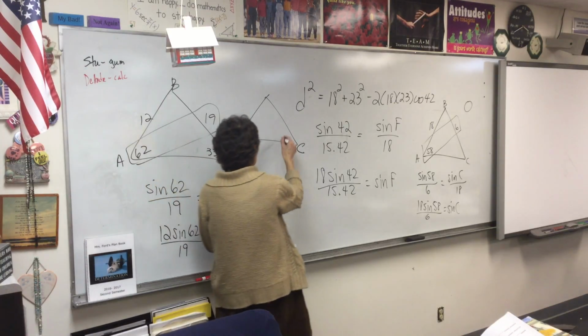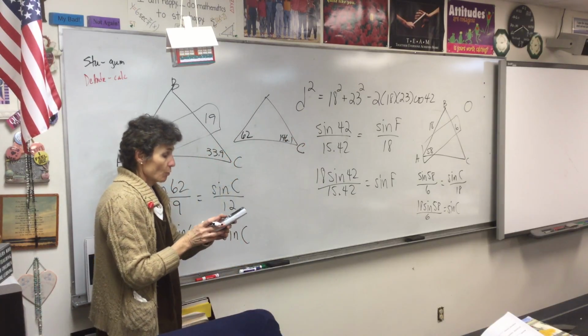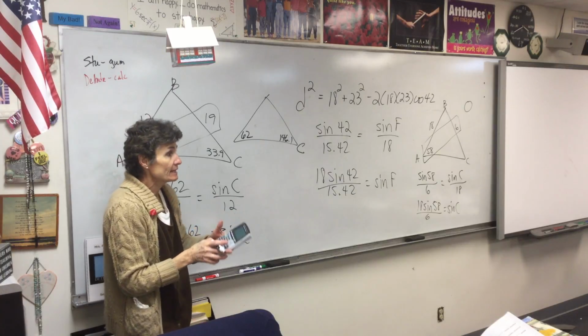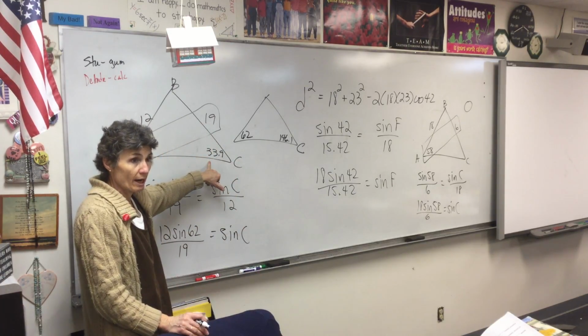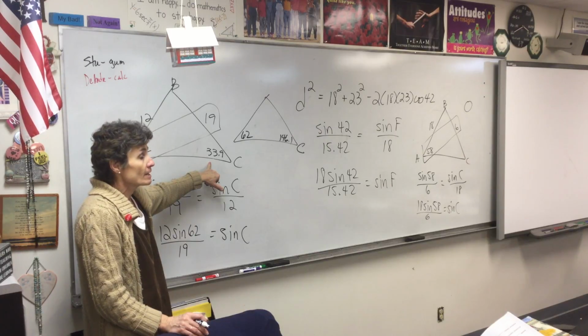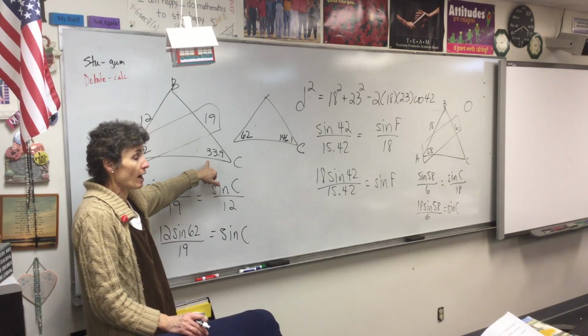So that would be 146.1. So if there is a second answer, it's 180 minus the first one you got. Wait, how'd you get 146 again? It's 180 minus the first answer that you got.